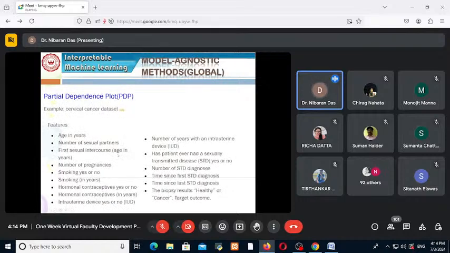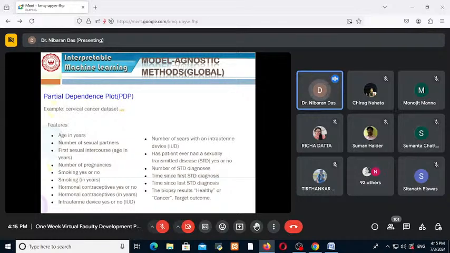Let's take an example of a partial dependency plot. Here is the cervical cancer data set from the UCI repository.